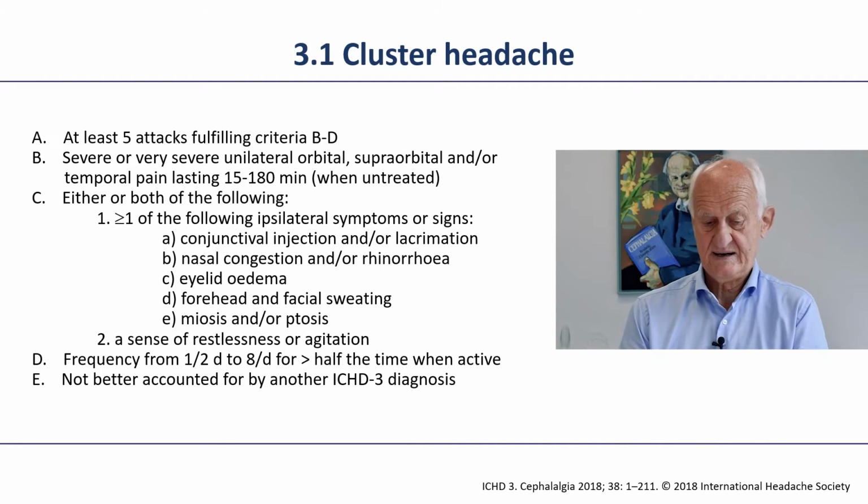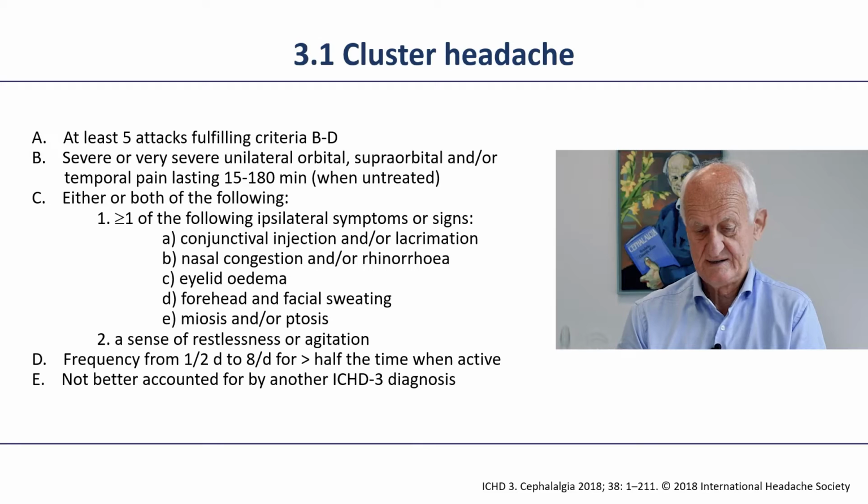And they have either autonomic symptoms, such as conjunctival injection, lacrimation, nasal congestion, rhinorrhea, eyelid edema, forehead and facial sweating, or sympathetic palsy with meiosis or ptosis, or they have a sense of restlessness or agitation.